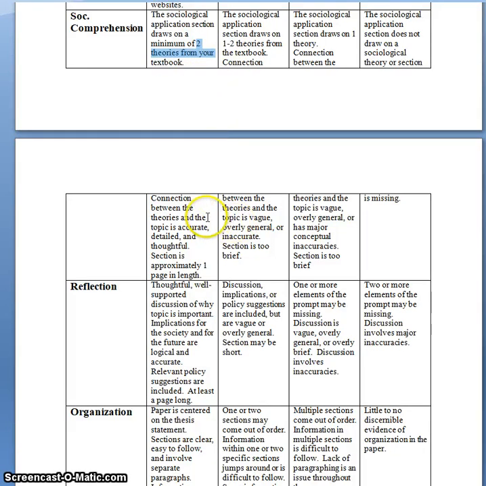So once you have looked at those theories, I want to see that it's accurate, that it shows that you understand the theory, that there's detail, that you say something like, okay, here is how social disorganization theory fits. And then you say the specific 2 or 3 elements of social disorganization theory that you're seeing in this topic that you've studied.